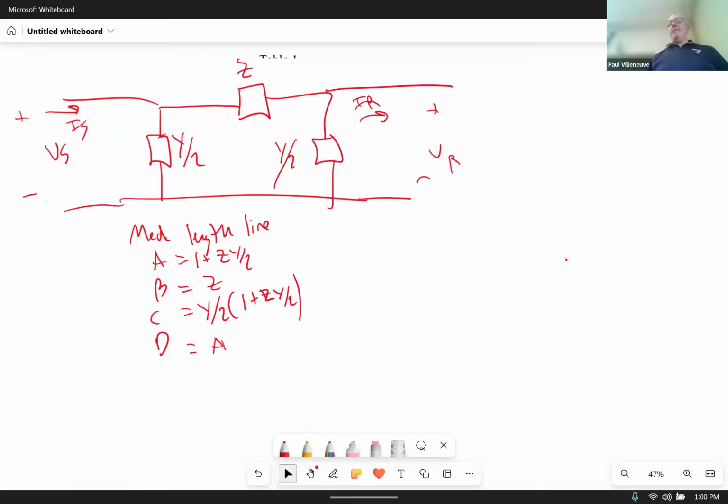So now I know what my ABCDs are, but I need to know what Z and what Y are equal to. Those are capital Z's. This is going to be equal to lowercase z times the line length. And this is going to be equal to lowercase y times the line length as well.